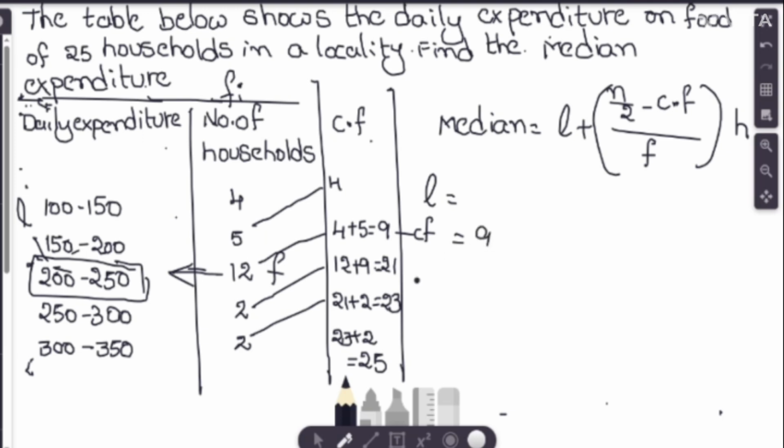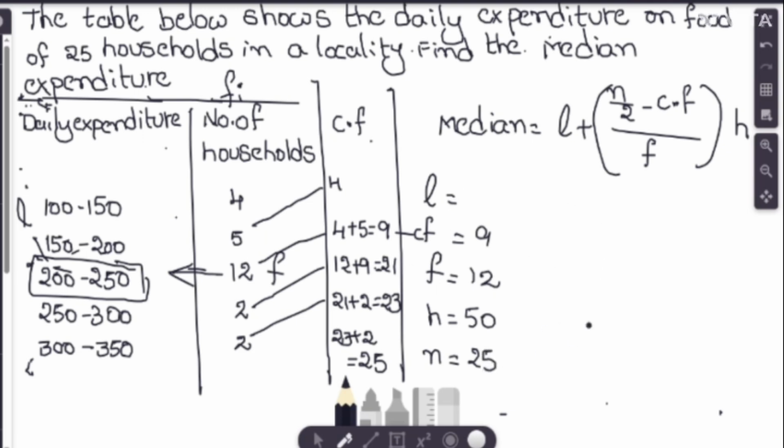CF equals 9, F equals 12, H equals 50. N value is 25: the total frequency, the last value in the CF column.